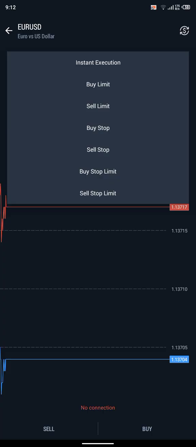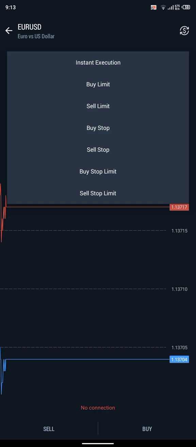And sell limit is quite the opposite. You are telling the broker there's a particular price you think the market is going to rise to, and once it rises to that price, put me into the market for a sell. I want to start selling from that point.